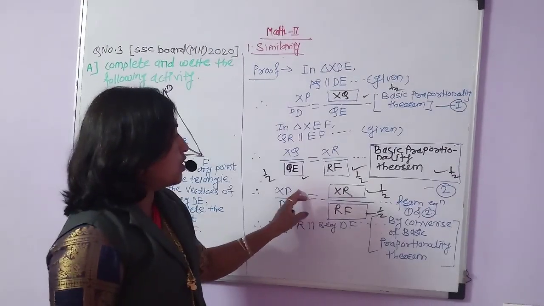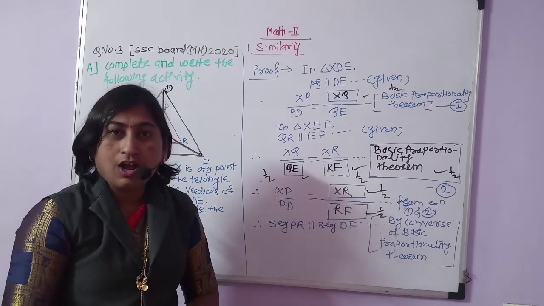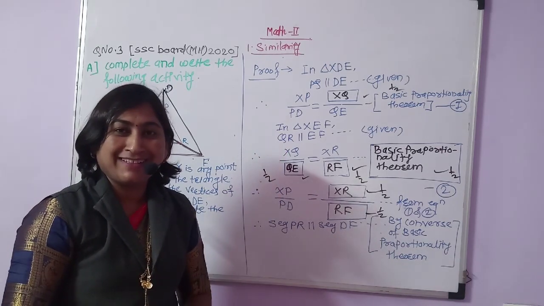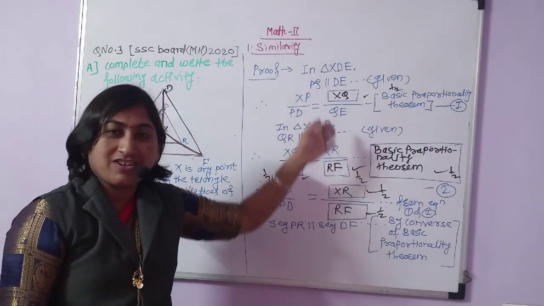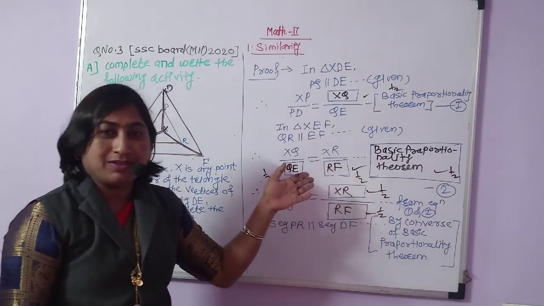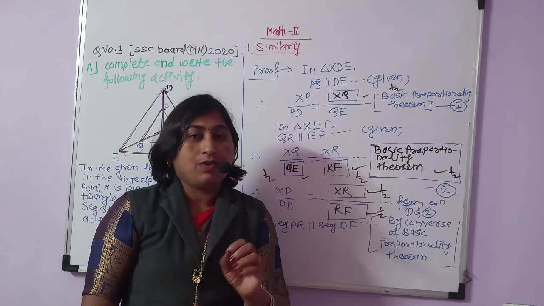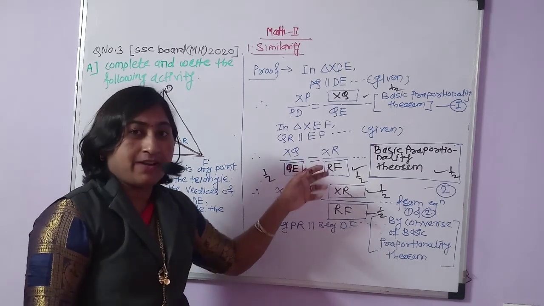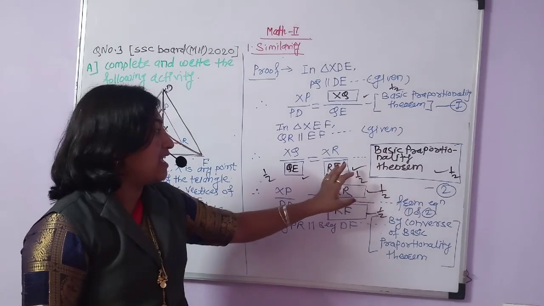That means the total question asked in the SSC board examination is for how many marks? 3 marks. Okay, understood? Is it easy? This type of question is very easy. See carefully this example. If one blank is filled wrongly, half a mark will be cut. So write the correct and proper answers in the blanks.